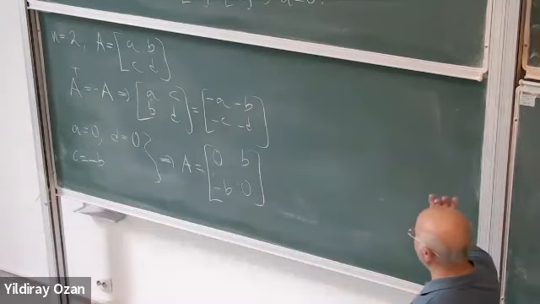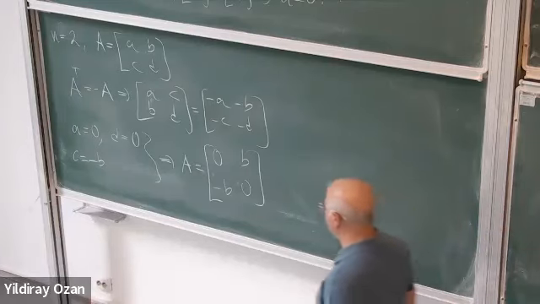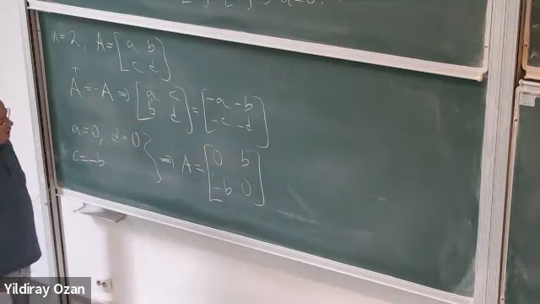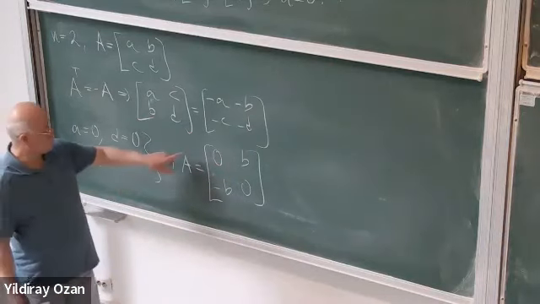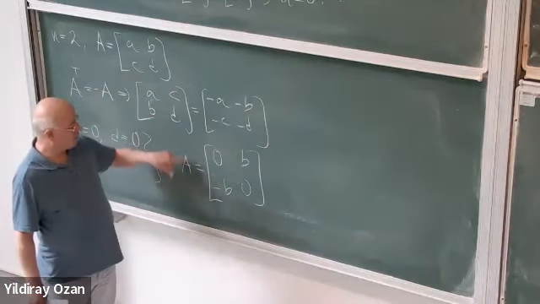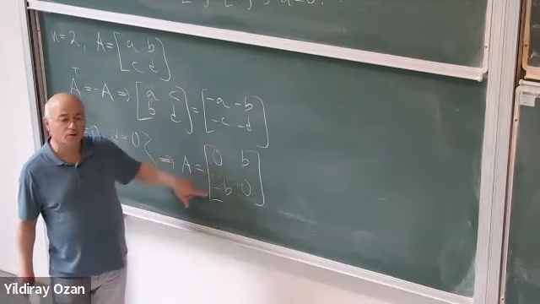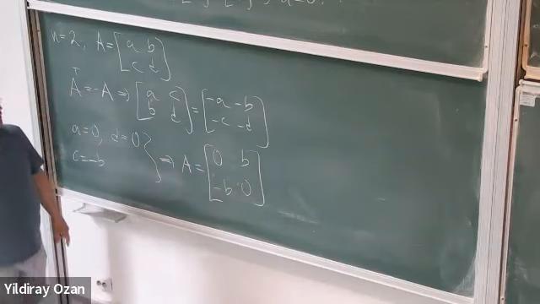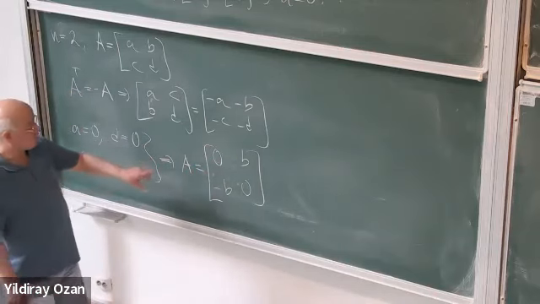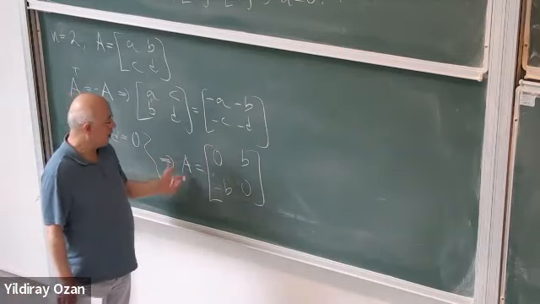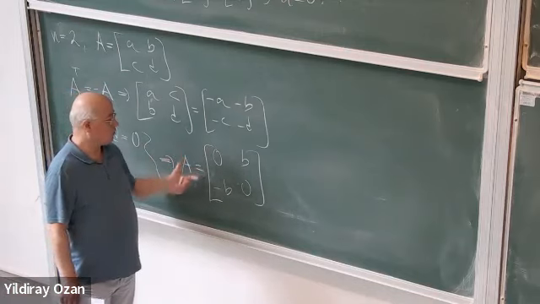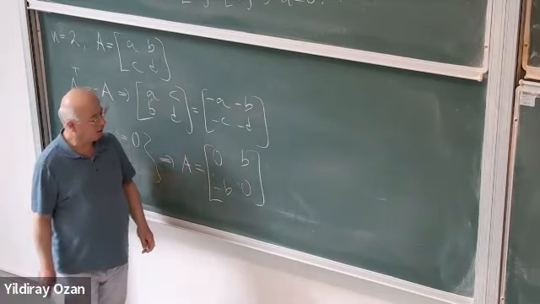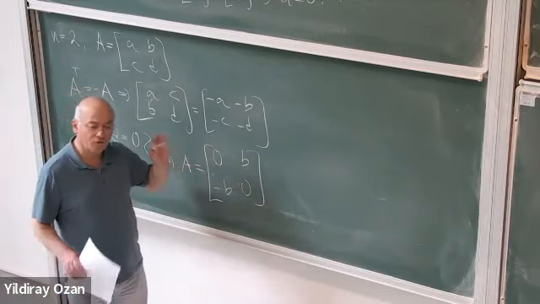And what will be the Pfaffian? Pfaffian is like determinant. For example, consider this gadget. What is the determinant of this? Determinant is B squared. And this will be actually the general picture for skew symmetric matrices. And Pfaffian will be just the square root of the determinant.